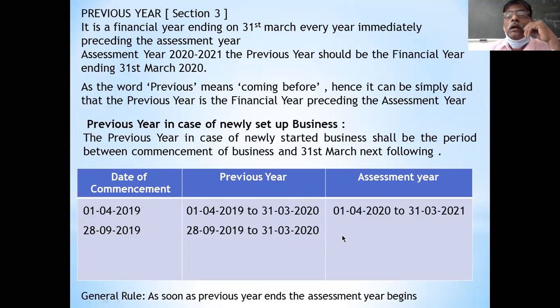And the assessment year for this is 1/4/2020 to 31st March 2021.